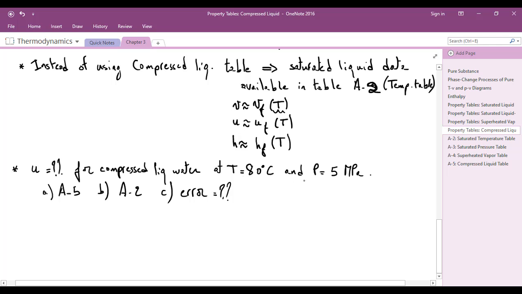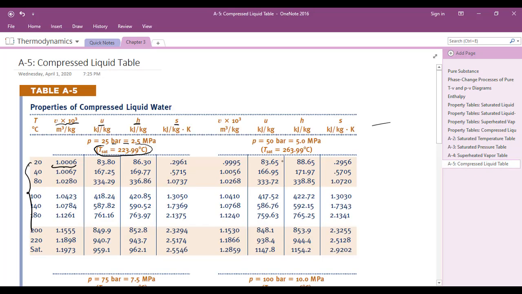At a pressure of 5 megapascal, let's go to table A5, part A. Let's go to table A5, 5 mega and a temperature of 80 degrees. For boiling to start to occur, the saturation temperature at 5 megapascal or 50 bar should be 263.99.